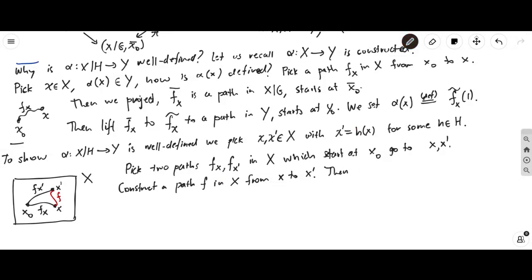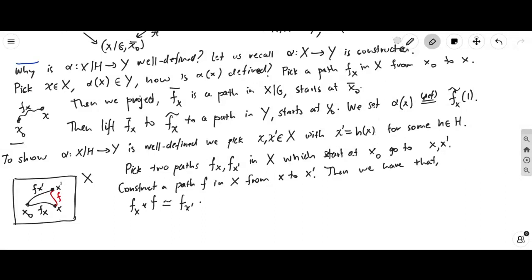So then we have the following relationship: if you do fx and then you juxtapose, following it through by f, that would be homotopic to the path fx prime. So this is the homotopy that you have, because you can see fx prime, that's the path from x0 to x prime. This is the path fx followed by f from x to x prime. So this juxtaposition is a path from x0 to x prime. So this one is then homotopic to that one.